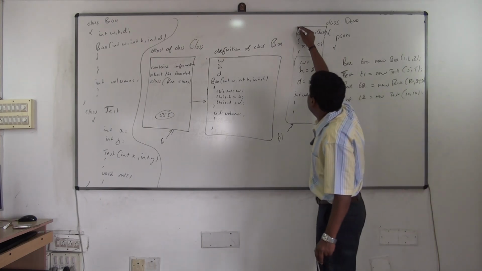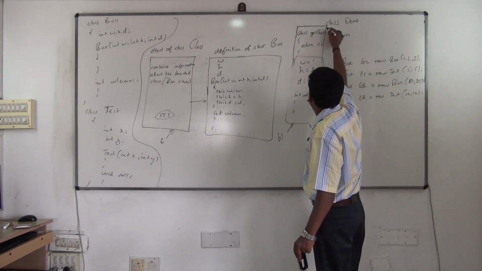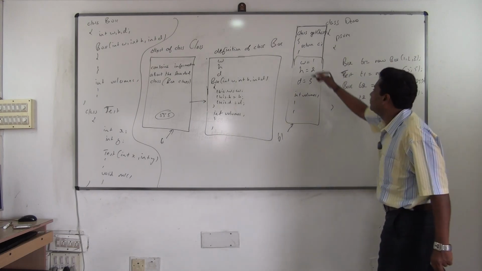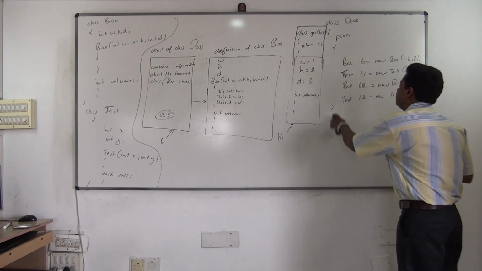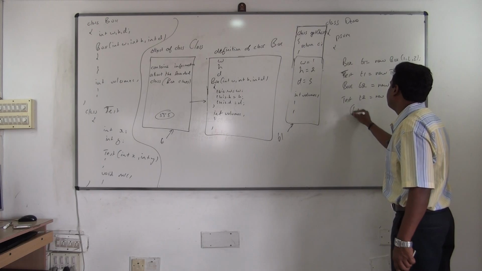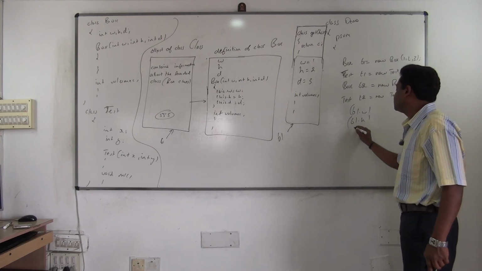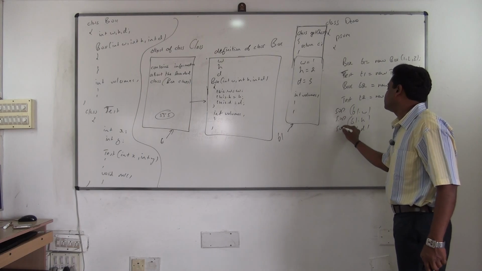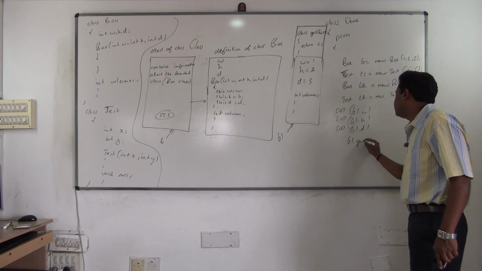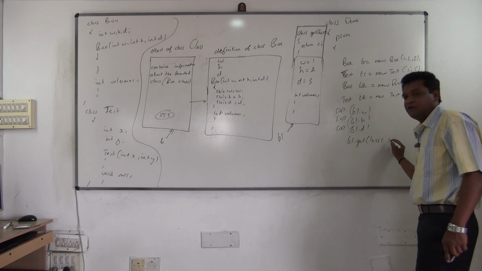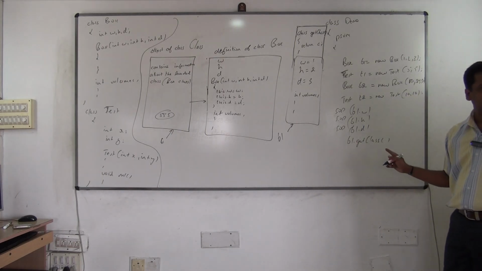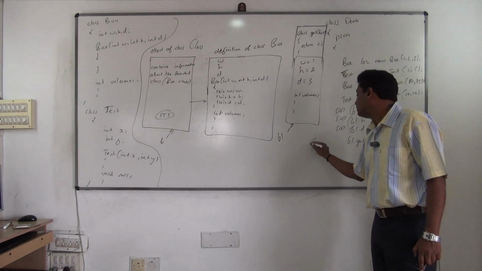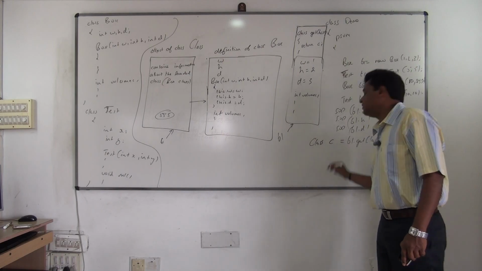See, this is how your Box object is there now. So once you create the Box object, what are the members you can access now? B1.w you can access, B1.h you can access, B1.d you can access. Now you can also call B1.getClass. Once you say B1.getClass, the return type of this is Class.